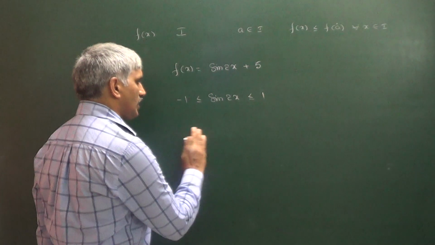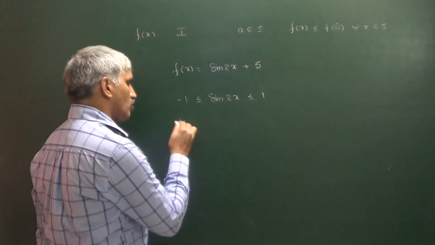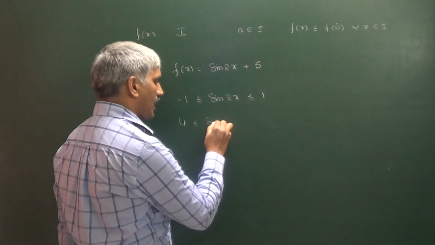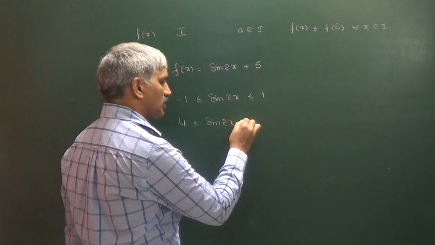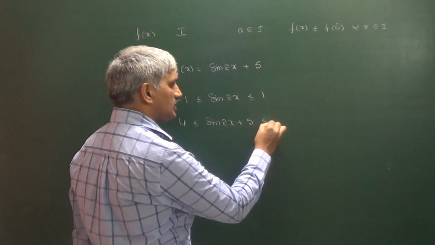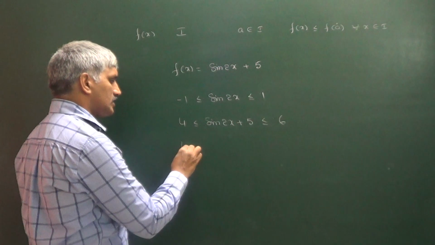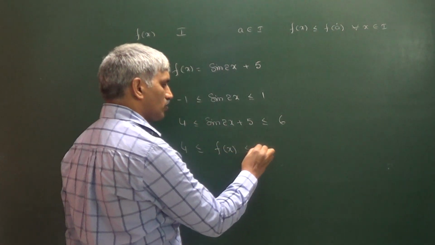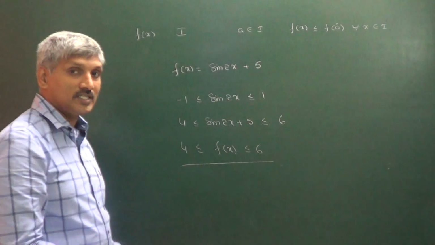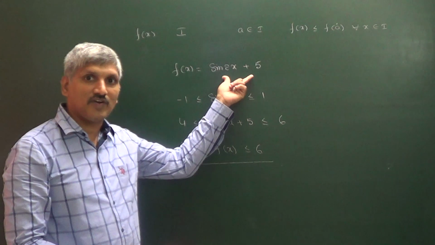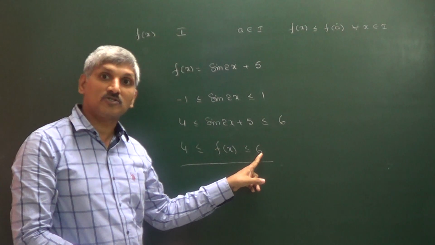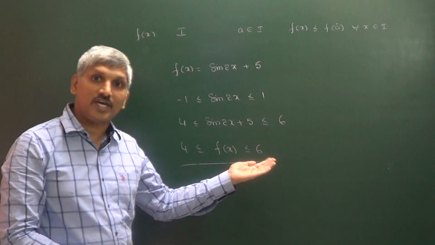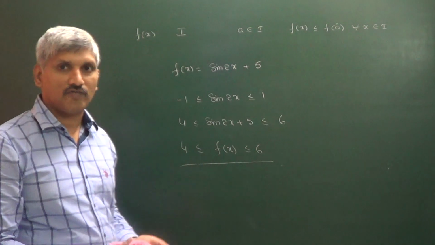Now add 5 throughout the inequality: 4 is less than or equal to sine 2x plus 5, which is the given function, which is less than or equal to 6. So 4 is less than or equal to f of x, which is less than or equal to 6. That means the given function has a maximum value 6 and a minimum value 4. Both the maximum value and the minimum value exist for that function.